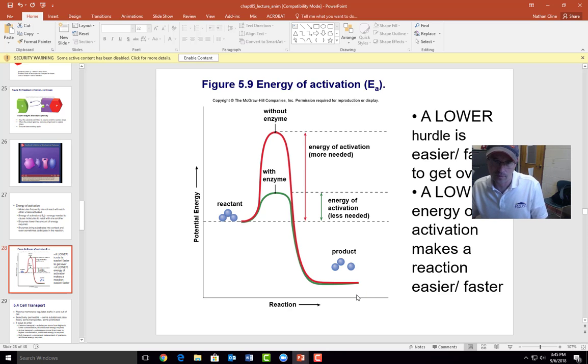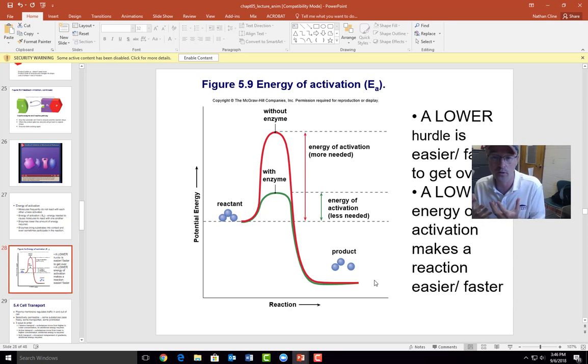Now, not all things that have stored energy can easily release that energy. Sometimes this activation energy, that's the red arrow here, is too high for things to naturally release that energy. It's just too hard to push the reactants up over the top of this thing in order for that energy to be released.